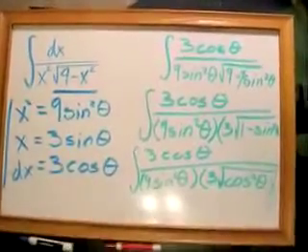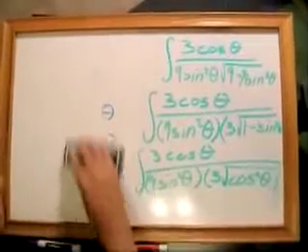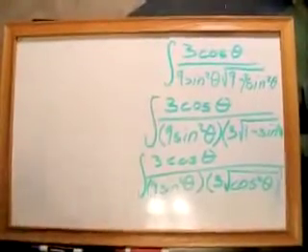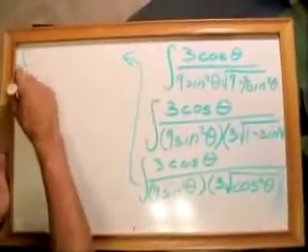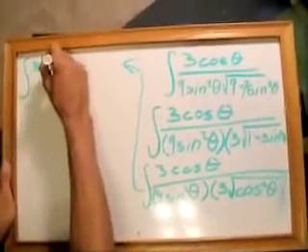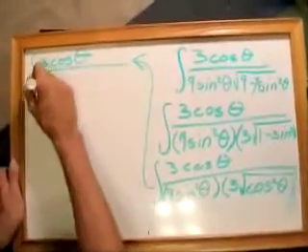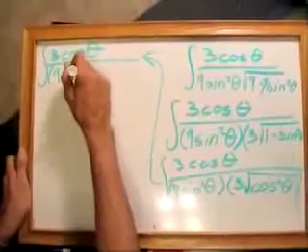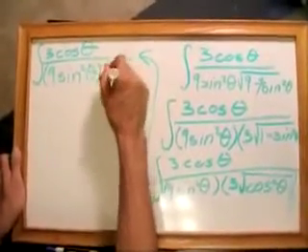Well, I'll do some erasing real fast. Hope you wrote this down. So this becomes the integral of 3 cosine theta over 9 sine squared theta times 3.